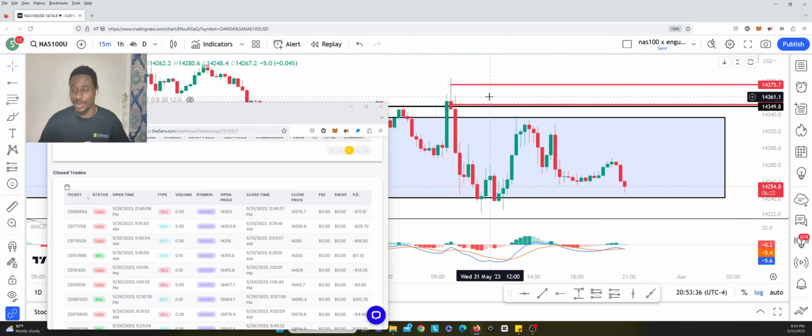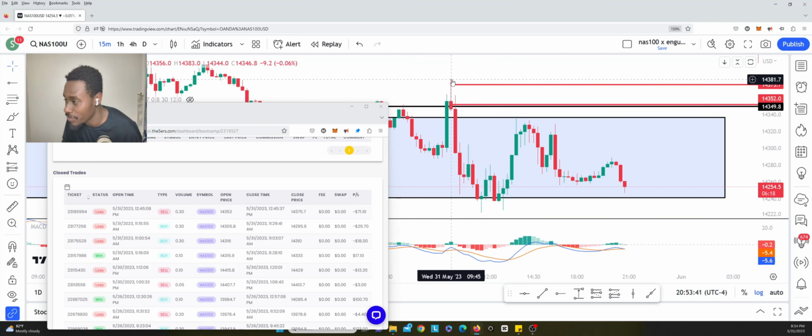But you can see it was closer to the top of this candle. I would have to set it at, what, 14385 wouldn't have got me hit out, and that would have been a max risk of, let me see, 14385 minus 14352, 33 pips times 3, a max risk of 99 essentially.